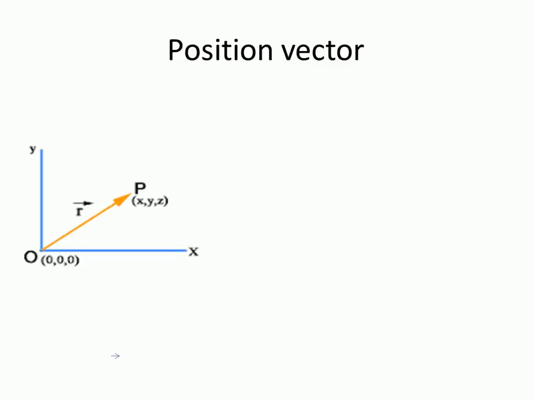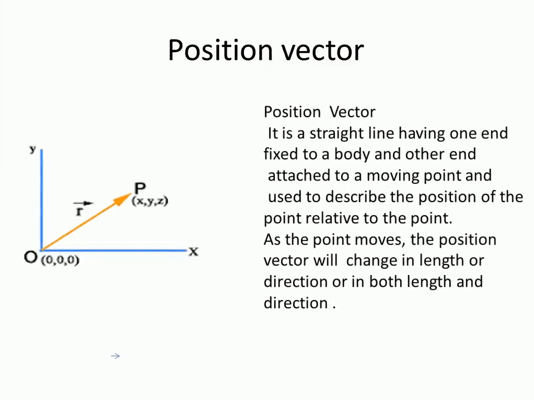R is a position vector from O to P. Then position vector is defined as a straight line having one end fixed to a body and the other end attached to a moving point, used to describe the position of the point relative to that fixed point.